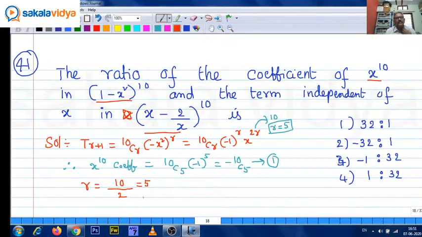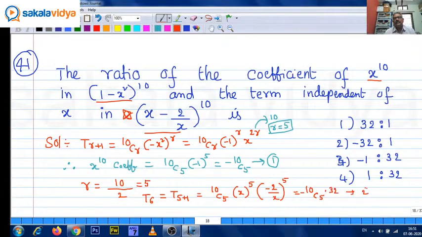R value is 5 means we can find the sixth term, T5 plus 1, equals 10C5 x to the power of 10 minus 5, that is 5, and minus 2 by x whole to the power of 5. Here x to the power of 5, x to the power of 5 cancel. We have 10C5 minus, because minus to the power of 5 is odd, into 2 to the power of 5 is 32. Say equation 2.